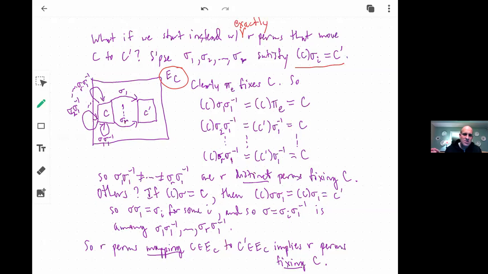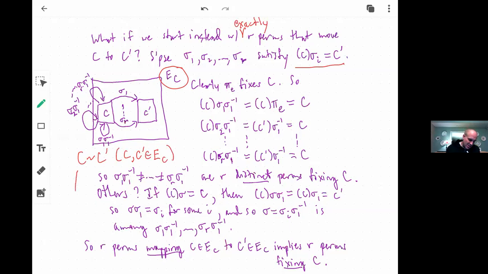We're just saying that C is equivalent to C prime. So C belongs to the equivalence class of C, but so does C prime.